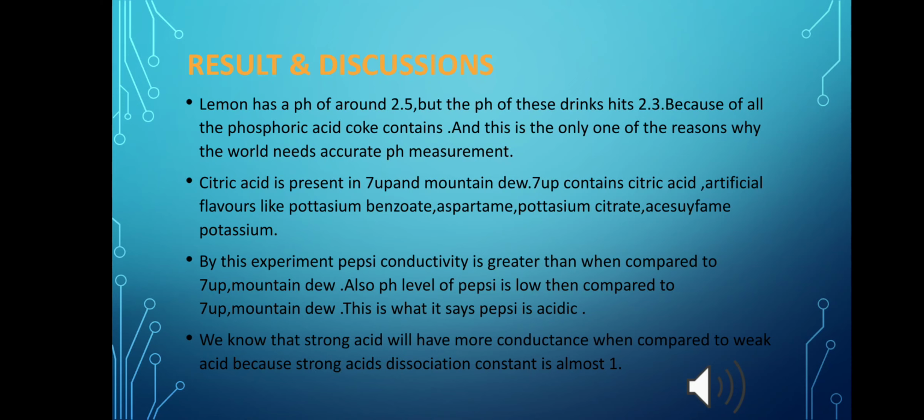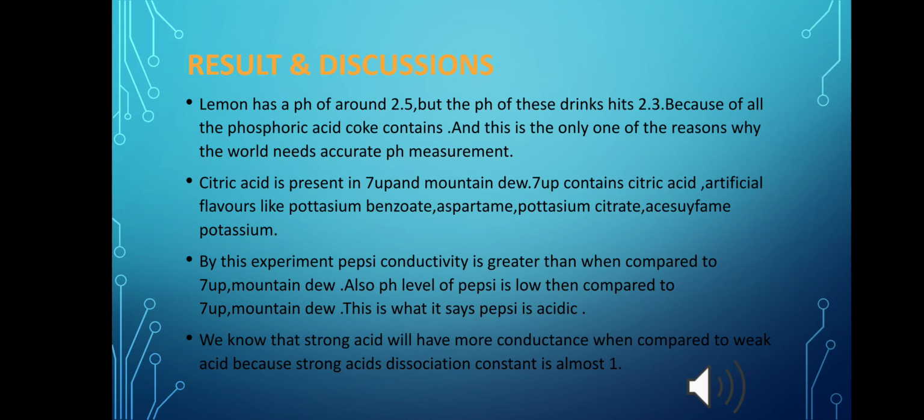And the second reason is that phosphoric acid has a larger equilibrium constant, that is 7.3 into 10 to the power of minus 3. In the case of citric acid, the equilibrium constant is 7.4 into 10 raised to the power of minus 4.